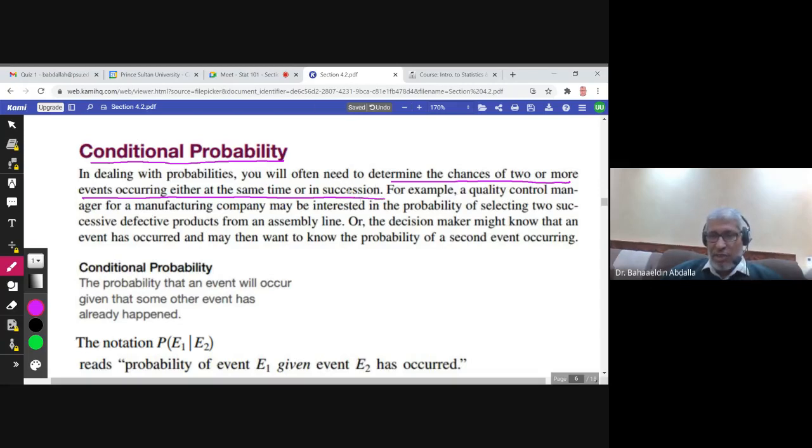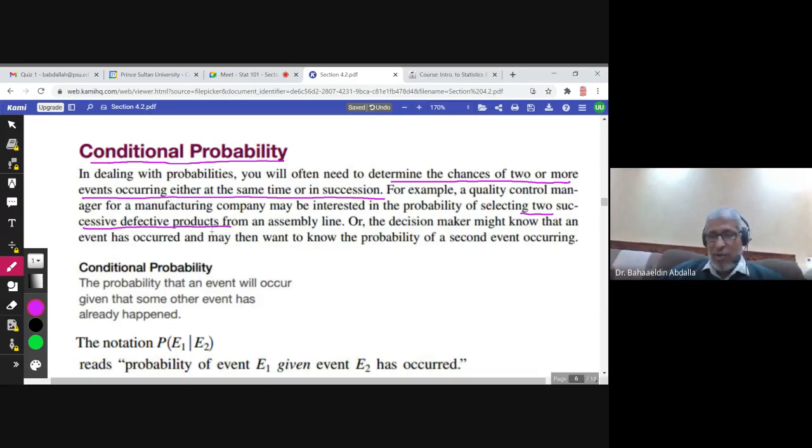When we have succession, conditional probability will appear. For example, a quality control manager for a manufacturing company may be interested in the probability of selecting two successive defective products from an assembly line. Here we will have conditional probability.